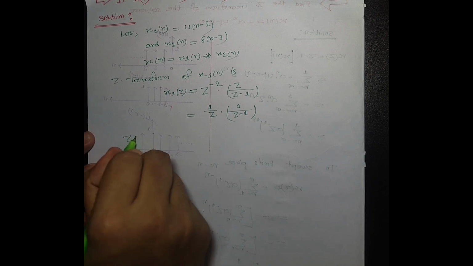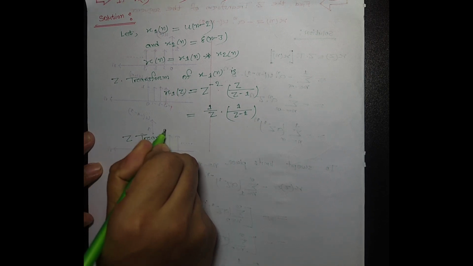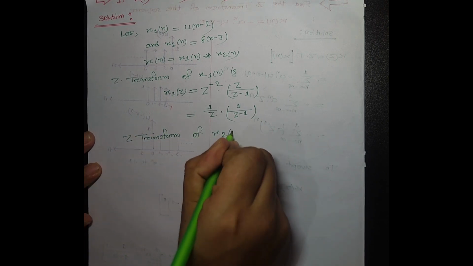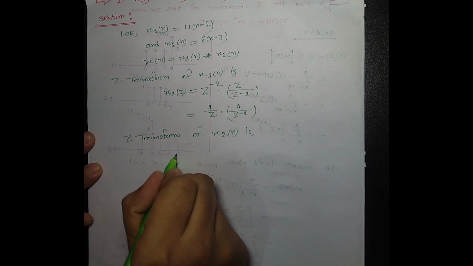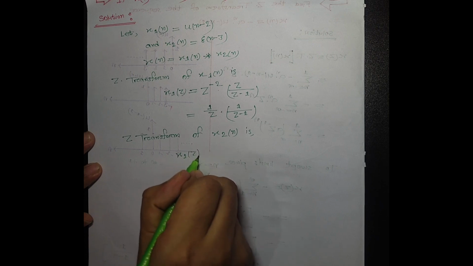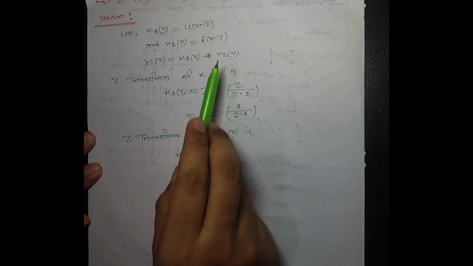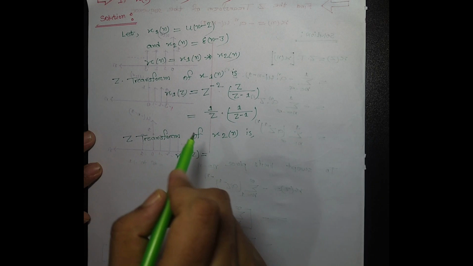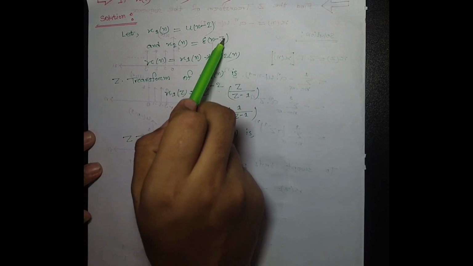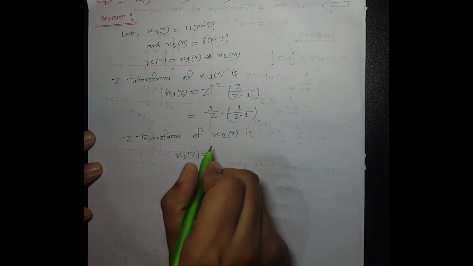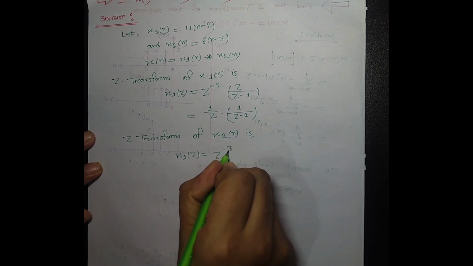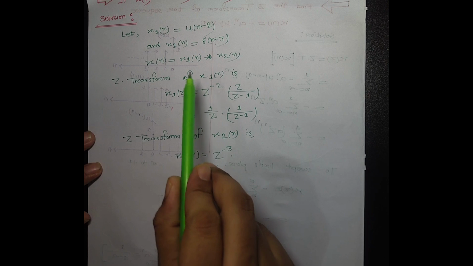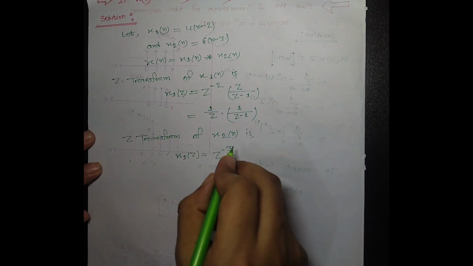And Z transform of x2 n is, here also we use the shifting property and the shifting is minus 3, z to the power minus 3 into the value of the Z transform of delta of n.